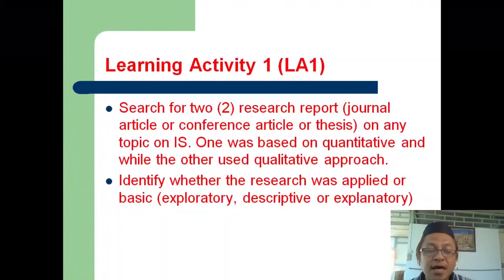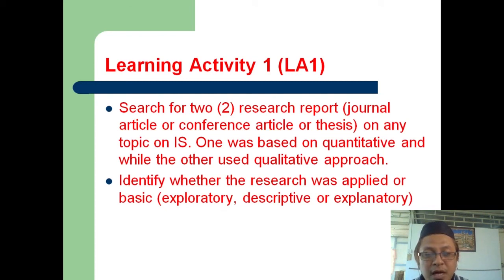Having discussed the definition of research and also the purpose or the reason why we embark on research, it is now time to test our understanding. For that reason, I want you to search for two research reports. It can be a journal article, a conference article or even a thesis on any topic in information systems.